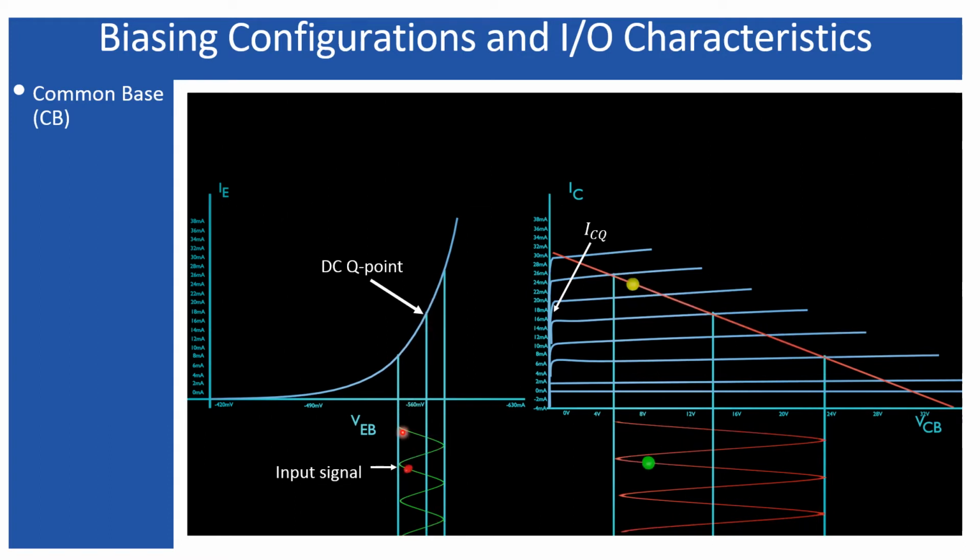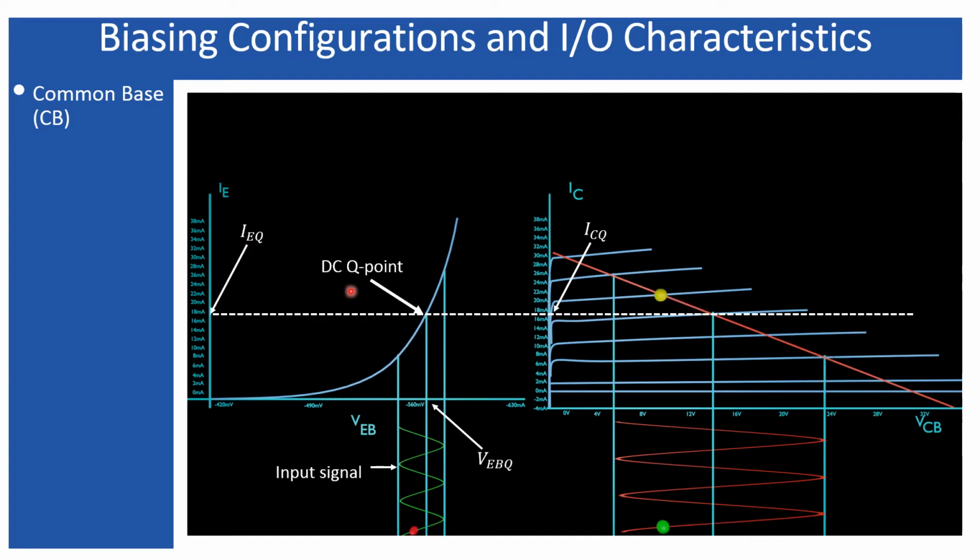Therefore, since the sinusoidal signal is oscillating around this DC load line, the Q point also will oscillate around the DC Q point. All the Q points will be around the DC Q point. Similarly, the DC Q point will define the emitter current or the input current IEQ. The IEQ stands for the emitter current at the DC Q point.